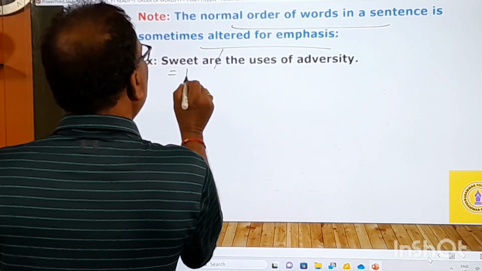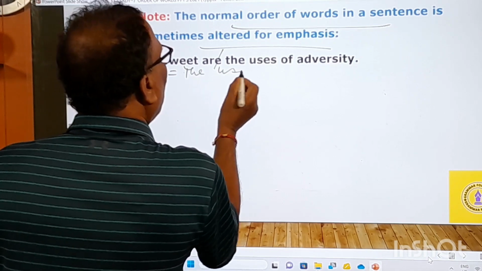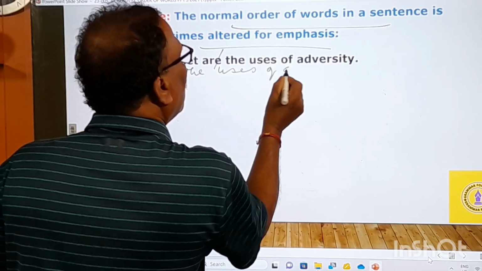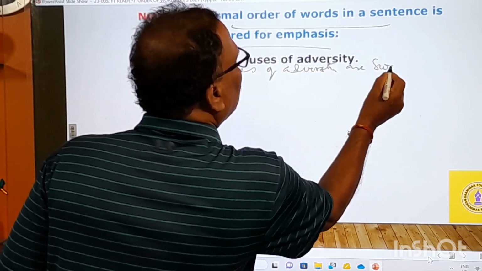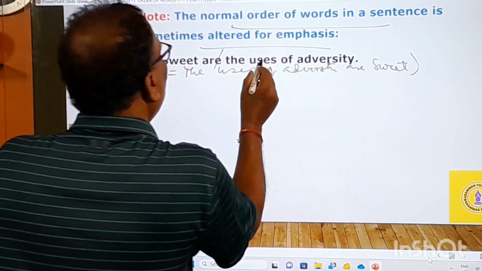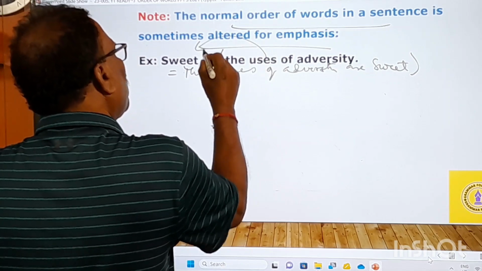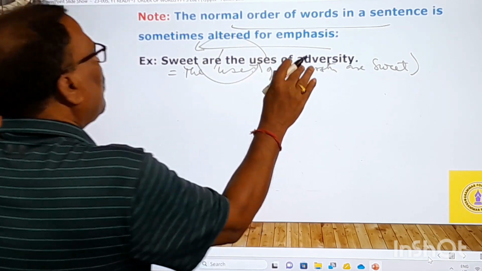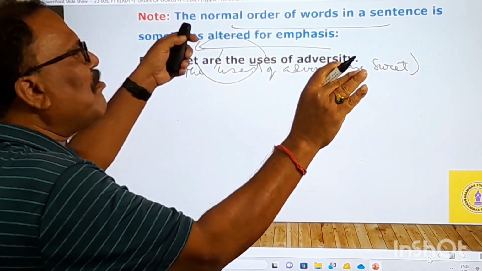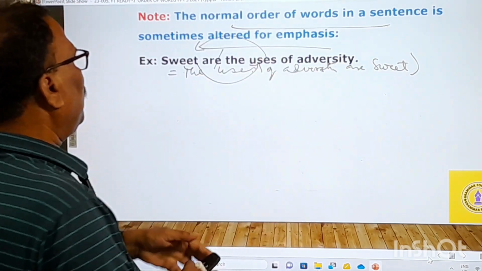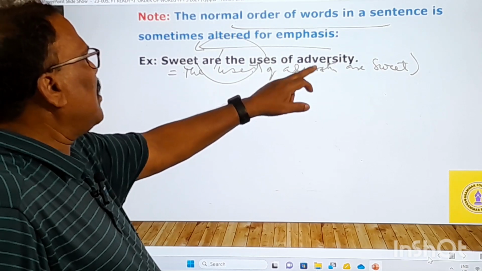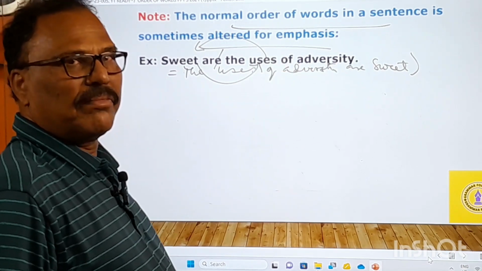Actually, the sentence is supposed to be "The uses of adversity are sweet." This part is supposed to be here, but the order of words has been altered.